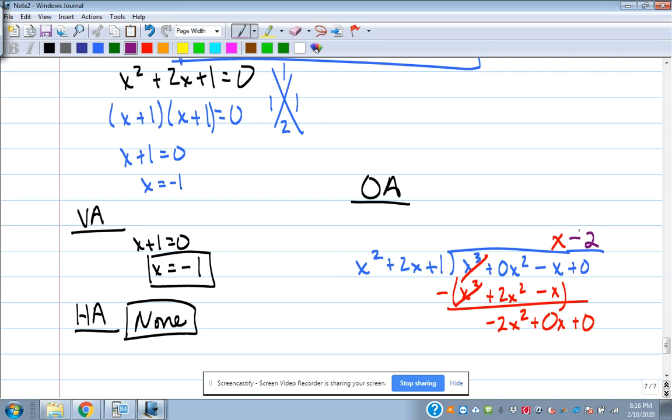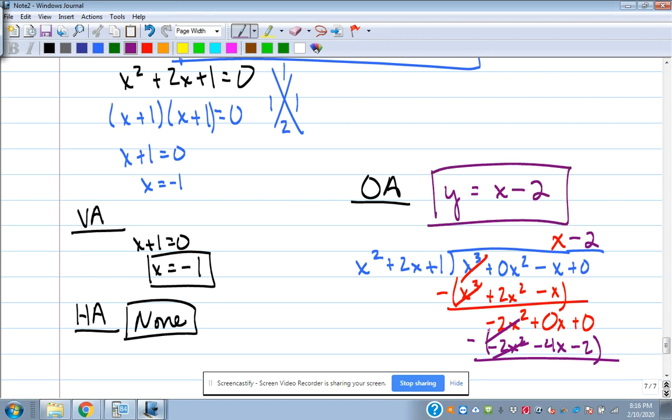Negative 2. So minus 2 goes on there. Multiply. Minus 2, subtract. Those go away. Technically, we don't care what happens after that because that's just going to be a remainder anyway. And the only thing we're worried about is y equals x minus 2. That's our oblique.